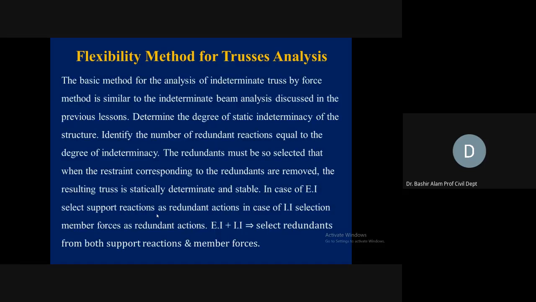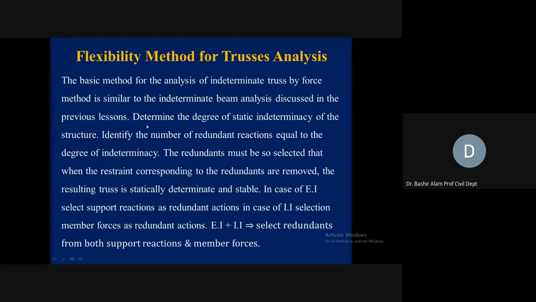Now, basic method, we will go now slowly over this one. The basic method for the analysis of indeterminate truss by force method or flexibility method here is similar to the indeterminate beam analysis discussed in the previous lessons, for beams, for frames we discussed. So basically it is the same method.